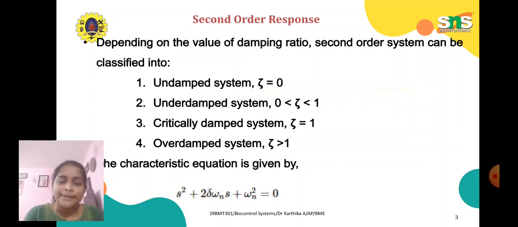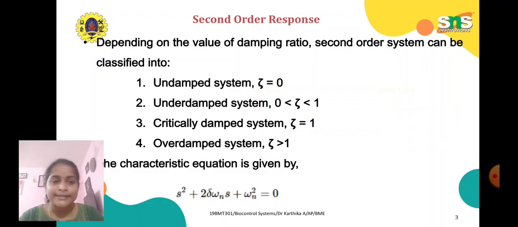Depending on the value of damping ratio, a second order system can be classified into 4 main parts. First is the undamped system for del equal to 0, second is the underdamped system for values of del between 0 and 1, then the critically damped system, del equal to 1, and the overdamped system, del greater than 1.